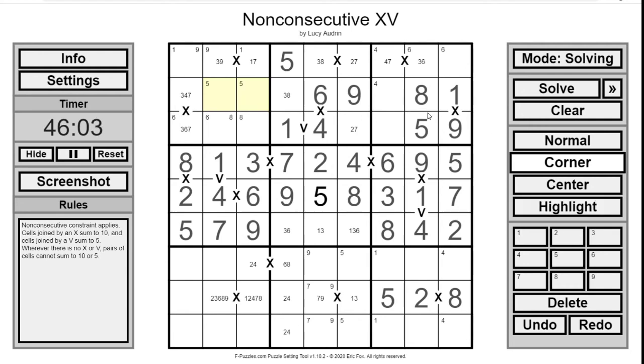So what's left here? We've got 4s and 6s squared off. We've got 3 6 pair. So we got 4 7.